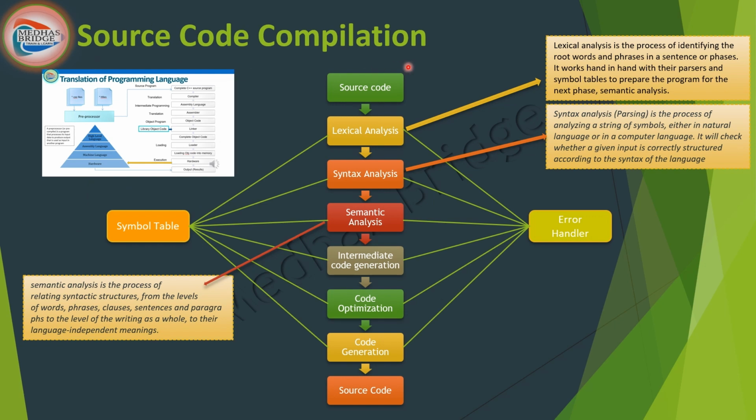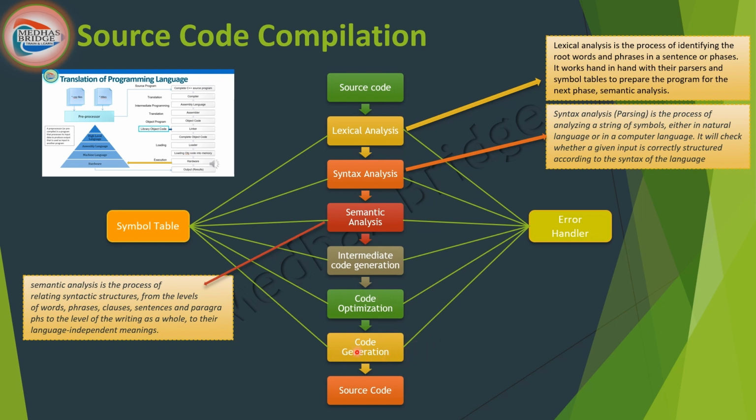Source code compilation. We have seen compilation is one of the conversion processes while translating programming languages from source to executable file, isn't it? What we learned is that compilation takes the source file and generates intermediate programming languages. But what exactly does it do for that? It does lexical analysis, syntax analysis, semantic analysis, intermediate code generation, then after optimizing the code, generating the final code.